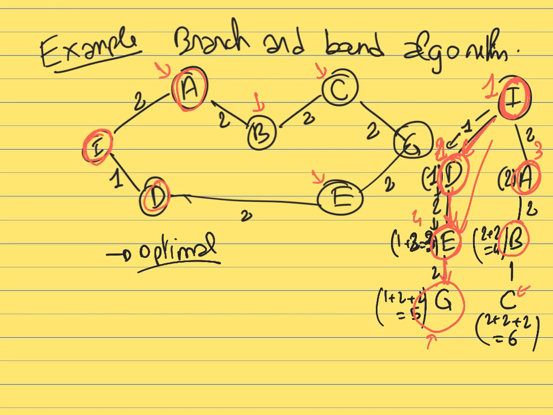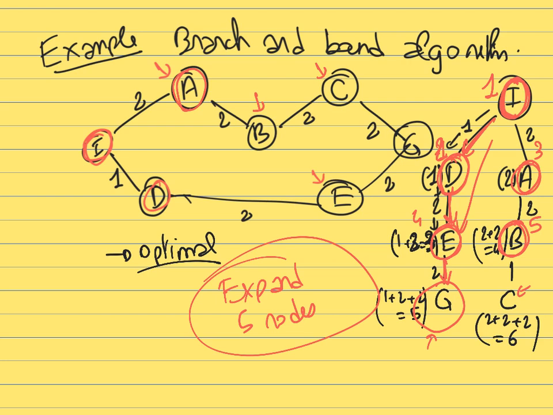Then you had to expand the state B, which was the fifth node. So in this case, before finding the goal, you had to expand 5 nodes. So you had to explore 5 nodes within your tree before being sure that you have found the goal.